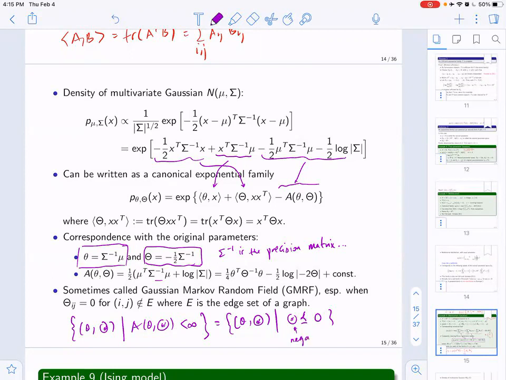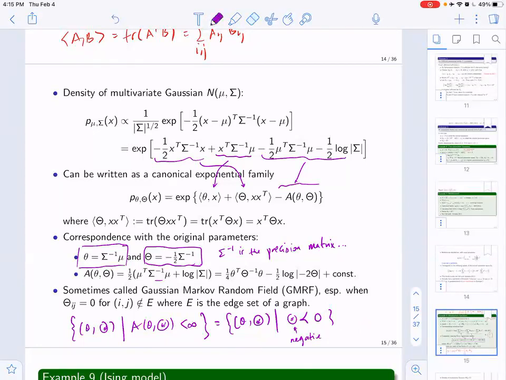Because sigma is positive definite, sigma inverse is positive. Well, actually, not semi-definite. It has to be strictly negative definite. So it has to be negative definite.